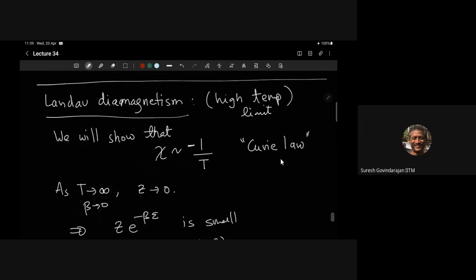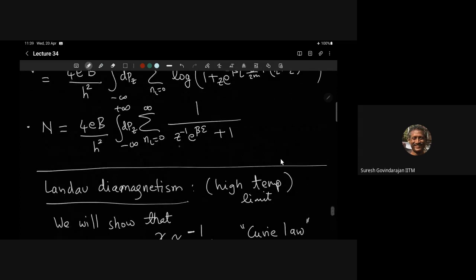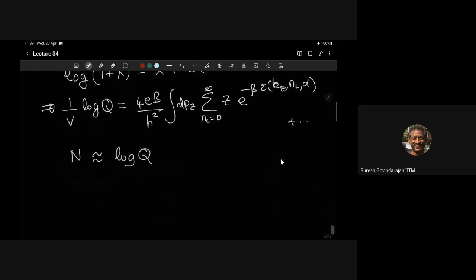How do we see that? You come here, and if Z is small, Z inverse is very large. So that means you can drop the 1 here, and you get 1 by Z inverse e power beta epsilon. That's just exactly what we have here. So I'll pause here.